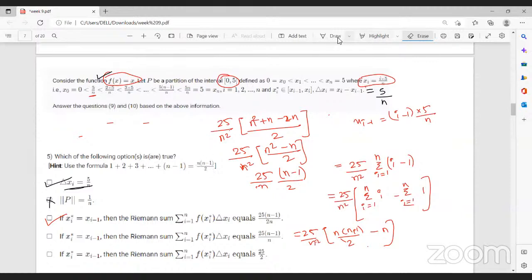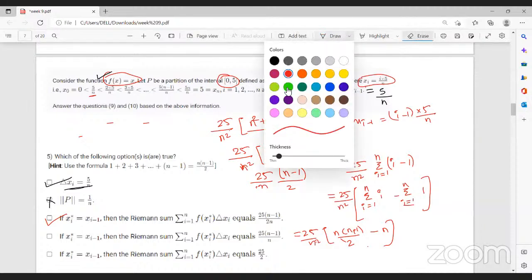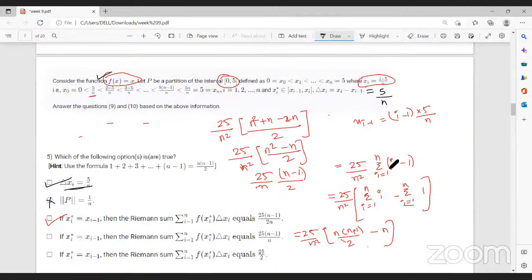So instead of separating this summation, I can simply write n into n minus 1 by 2, because we are adding till n minus 1 only here. That's why this hint is given to you. So whatever I have explained, summation of i from 1 to n of c will be nc.